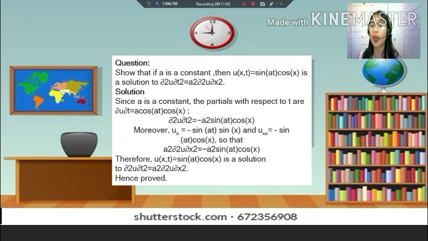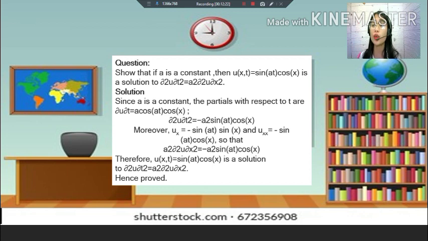Moreover, u sub x equals negative sine of at sine x, and u sub xx equals negative sine of at cos of x, so that a squared times the second partial derivative of u with respect to x equals negative a squared sine of at cos x.